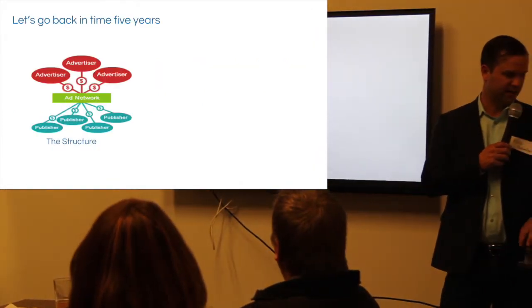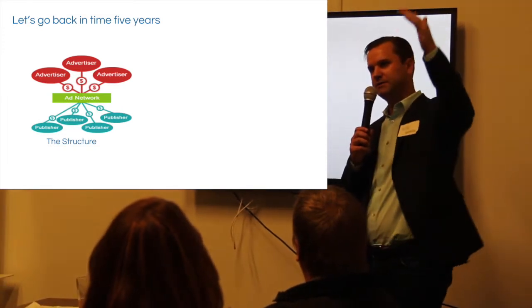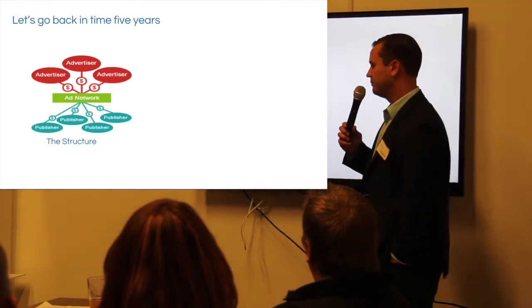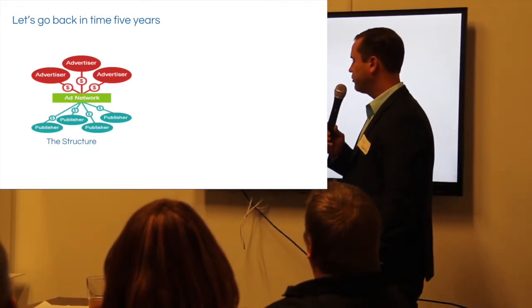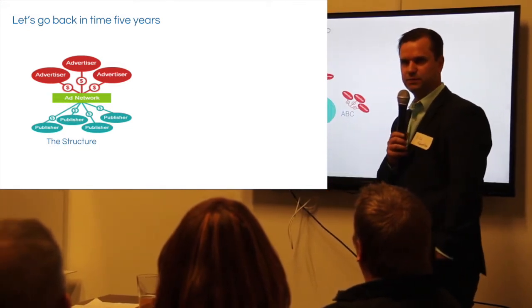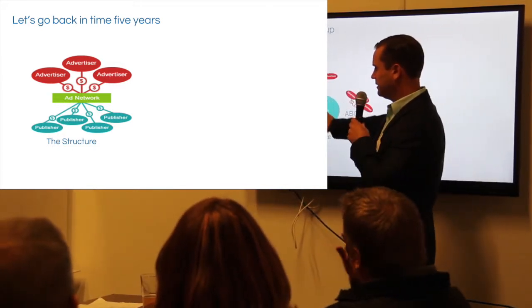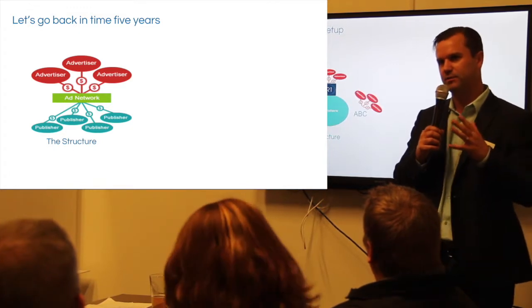So programmatic setup. I showed you how an ad network model looks. It's advertisers, it's publishers, it's the ad network in the model that is the keeper of the inventory. The way programmatic works, and I think most of you in here know this, but this is just sort of a refresher, is the inventory is right here. Publishers, it's all in one place. It's all within a particular exchange.